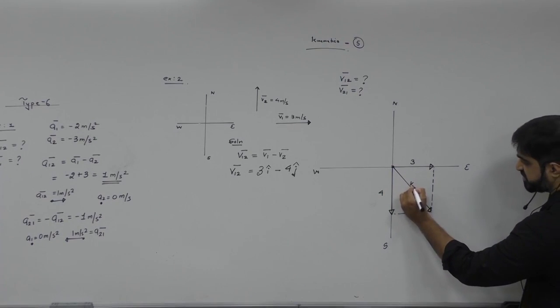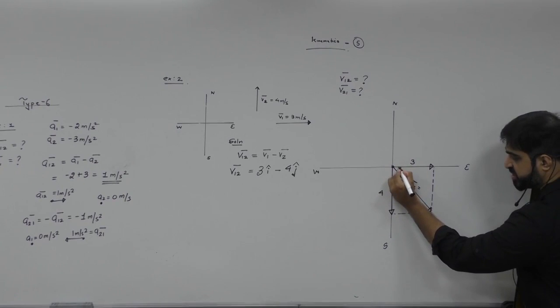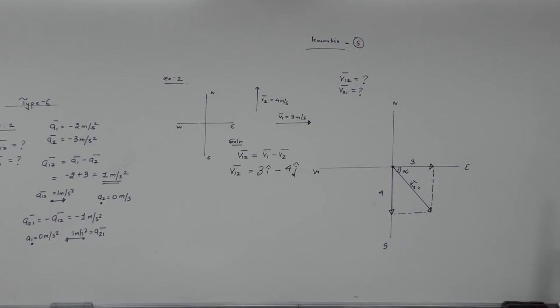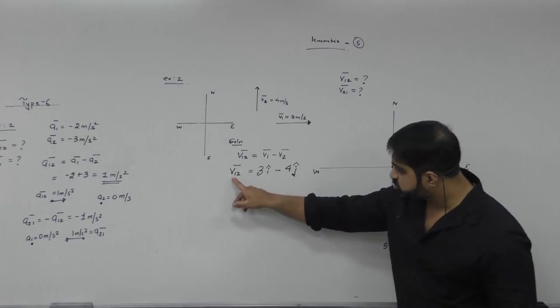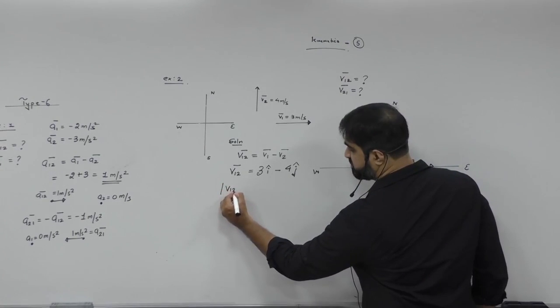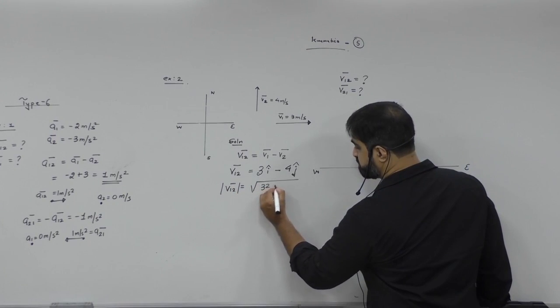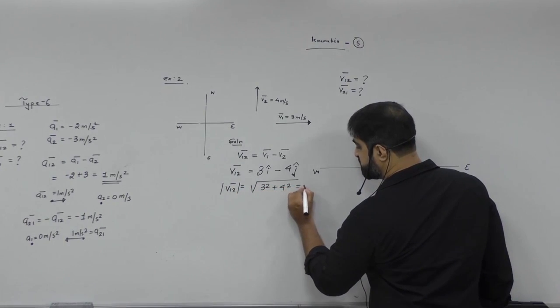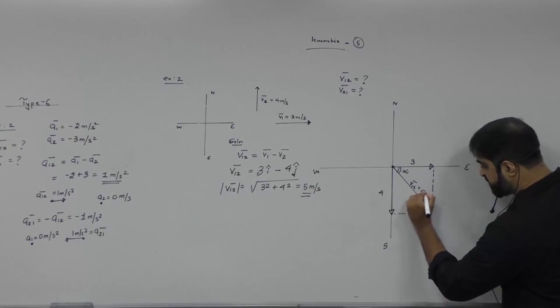This is V12 bar, which will have magnitude as well as direction, and the direction will be given by this angle. Remember, V12 bar. Can anyone tell me how to calculate the magnitude of this? You know it. So the magnitude of V12 bar, we know it from scalar vectors. It will be root of 3 square plus 4 square. The answer will be 5 meter per second. Means this magnitude is, bacha, 5 meter per second.